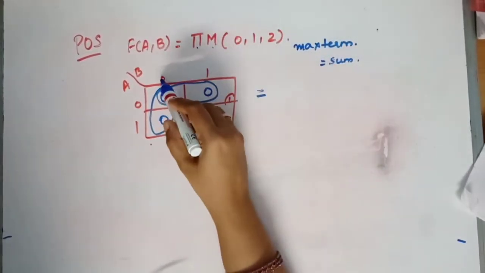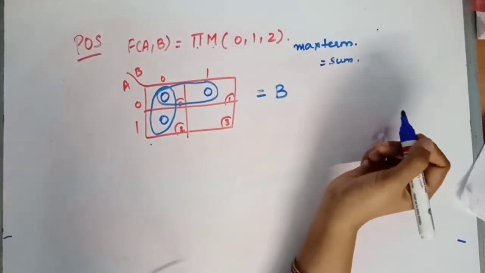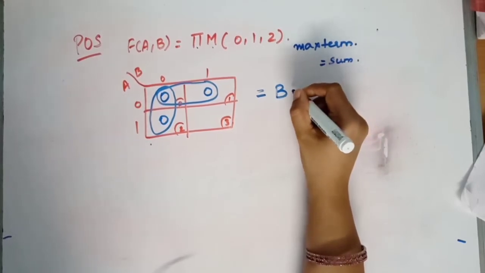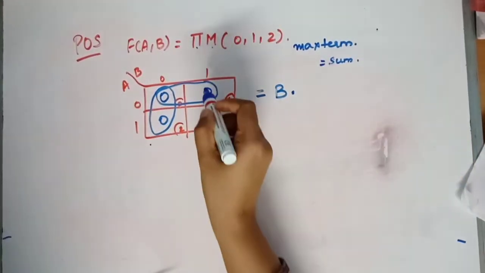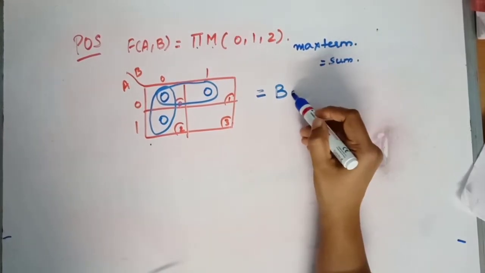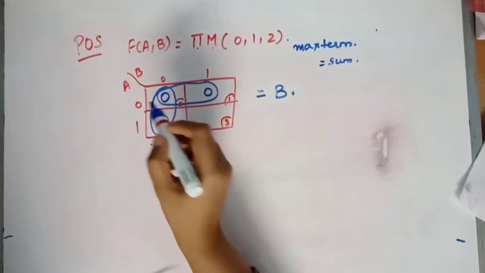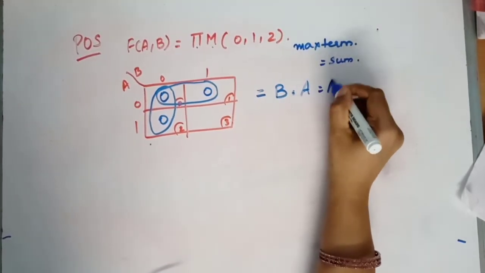So here if the literal is 0, then you will keep it as the same literal. And this is for one group. When you go to the next group, you'll put an AND symbol. In the other case, you were putting a plus sign or symbol. So next group is A is 0. A is 0 means A. So it is A B.